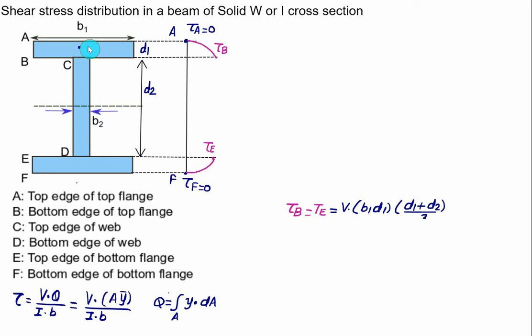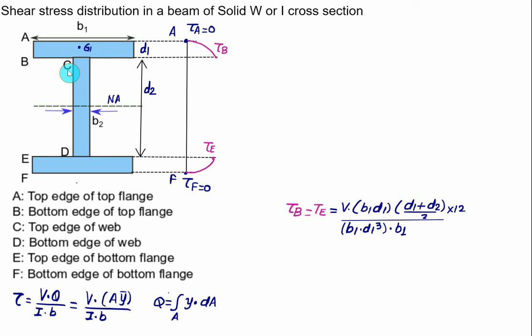So this one is the centroid G1. This distance is D1 by 2 and this distance from the neutral axis is D2 by 2, divided by the moment of inertia. Moment of inertia is same as B1 multiplied by D1 cube, and the 12 we can shift in numerator. And width at B, that is at the bottom of the flange, is B1 and the top of bottom flange is also equal to B1. So this time it is divided by B1.